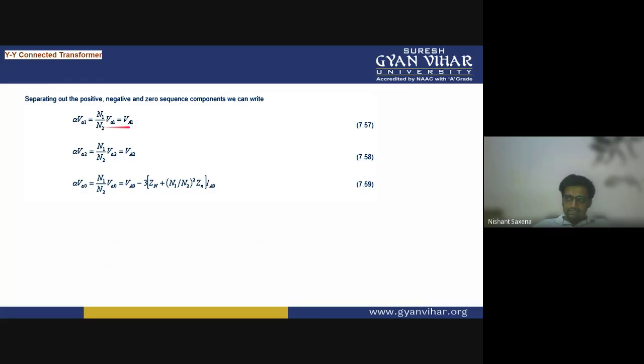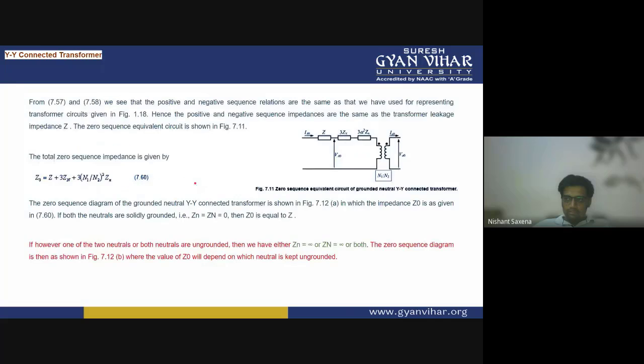That is, your positive sequence component is VA1 for the primary with the alpha, and VA2, the primary side negative sequence component voltage for phase A, is equal to alpha times the secondary side negative sequence voltage. Similarly, I can take it from the zero sequence circuit.